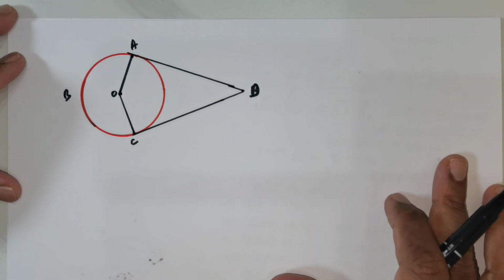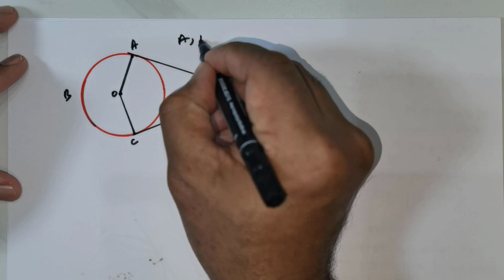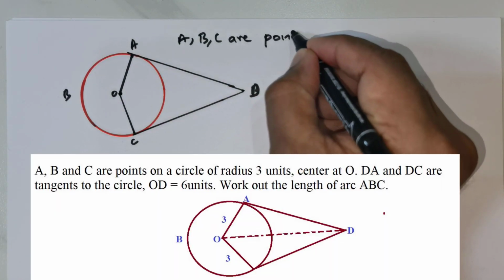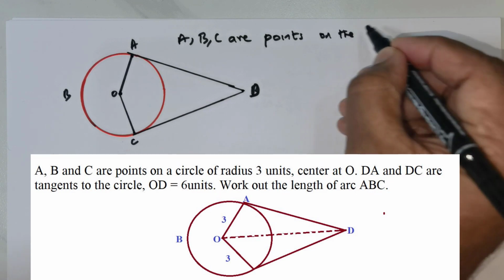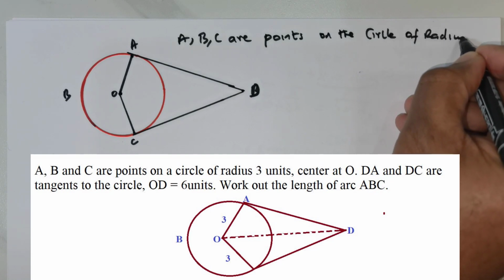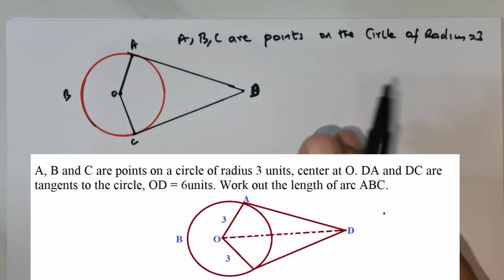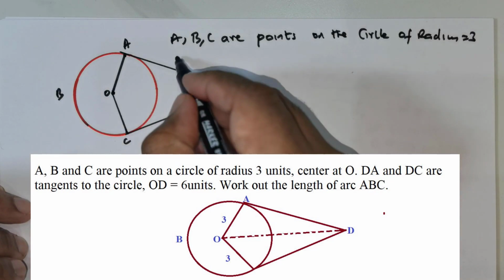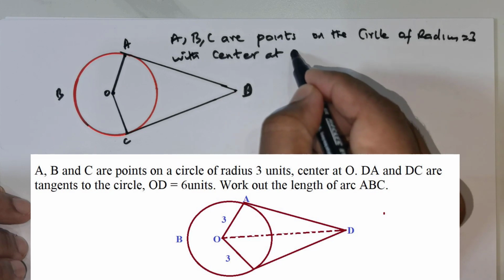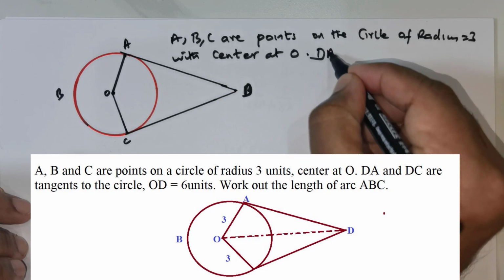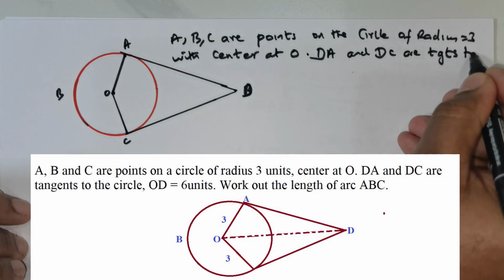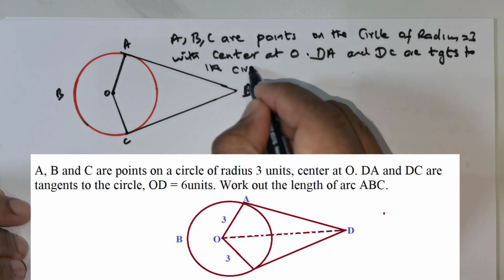Let me write the question down. A, B, C are points on the circle of radius equal to 3 units with center at O. DA and DC are tangents to the circle.